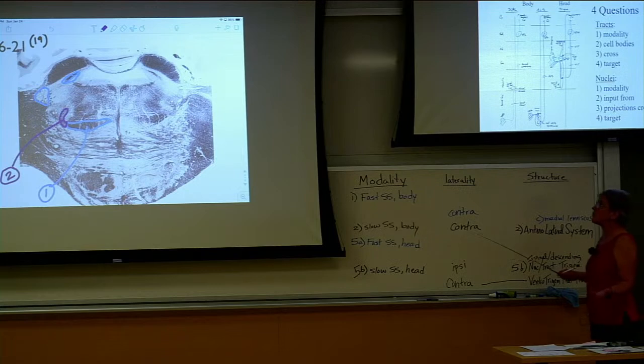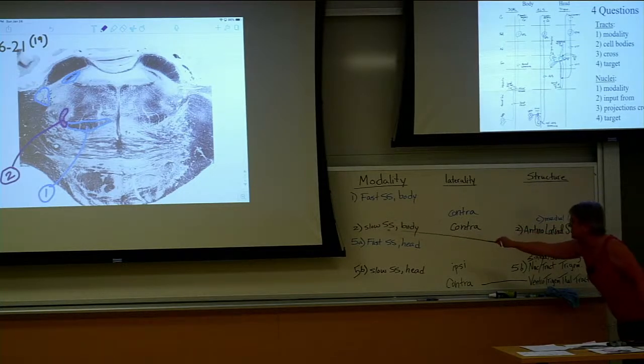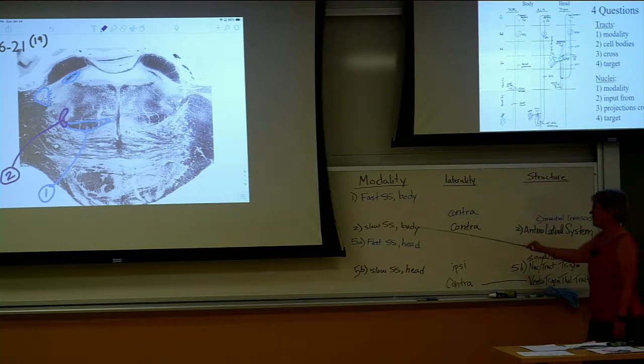And there's no change here either. Our anterolateral system still is originating in that contralateral dorsal or posterior horn, and that information originated in the contralateral body. So no change. The structure you got to find was the anterolateral system, and that information is slow somatosensory from the contralateral body.